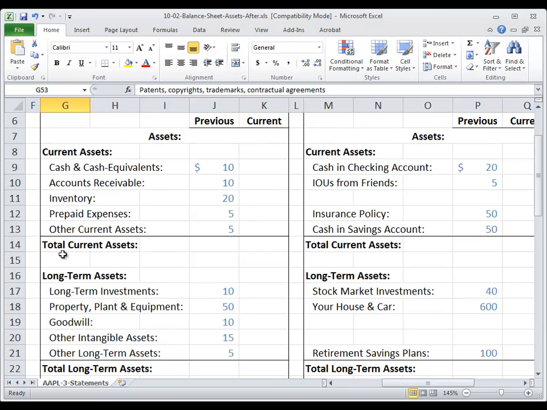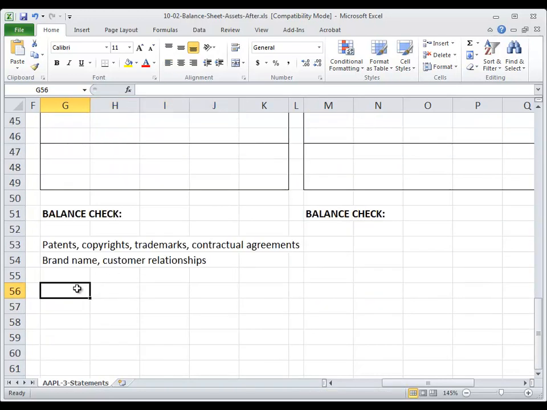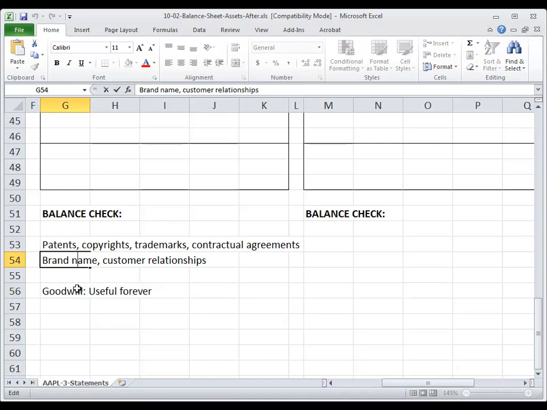Now I've gotten some questions on what the exact difference is between these two items, goodwill versus other intangible assets. One way you can think about it is that goodwill represents anything that will be useful forever. So for example, the company's brand name, unless something catastrophic happens, this will probably be good for a very, very long time, or at least for a period that you cannot measure.